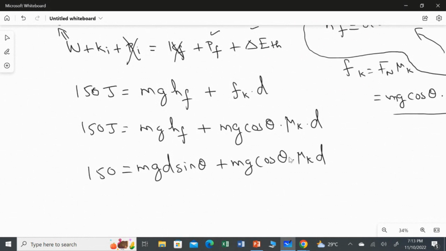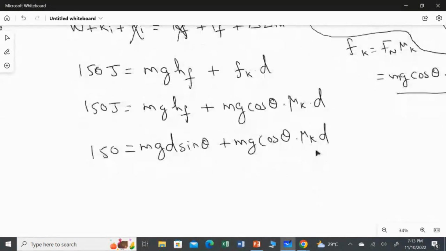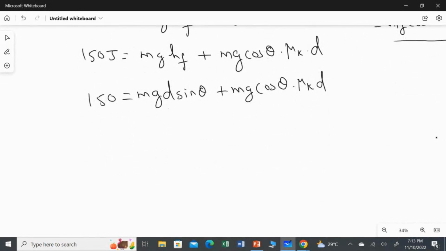Now we are going to identify what should be the value for d. So before that I'm going to take the common term outside. What is the common term here? We can just take mgd outside, am I right? Because here also we have mgd and here also we have mgd. So inside the bracket you will get sine theta plus cosine theta multiplied by mu k, correct?